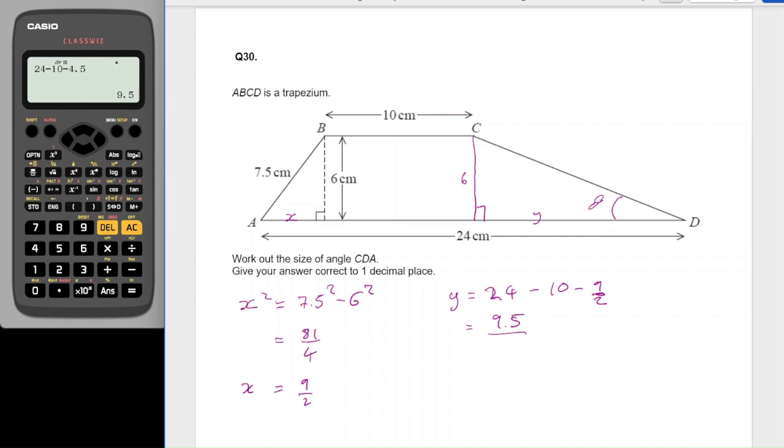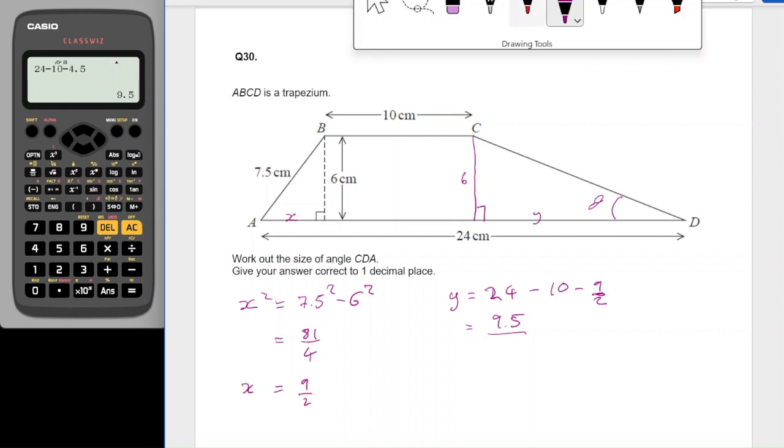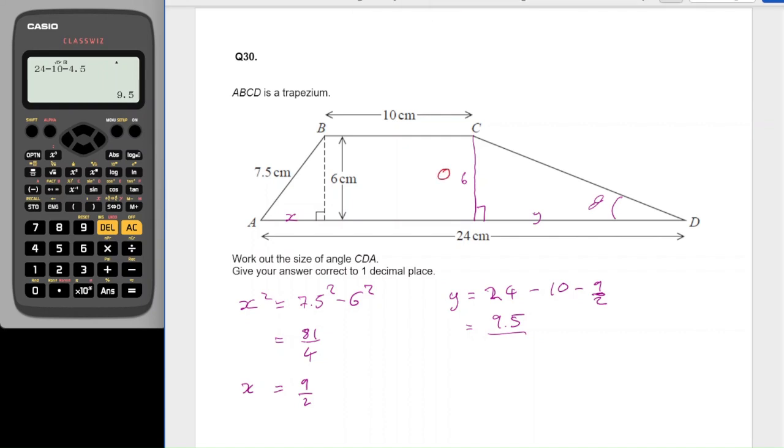Now let's change pen colour for this. So this is the opposite side, this is the adjacent side, so we're using the tan ratio. So tan is equal to opposite over adjacent. And it is theta that we're trying to work out, so theta is going to be equal to tan to the minus 1 of the opposite side over the adjacent side.